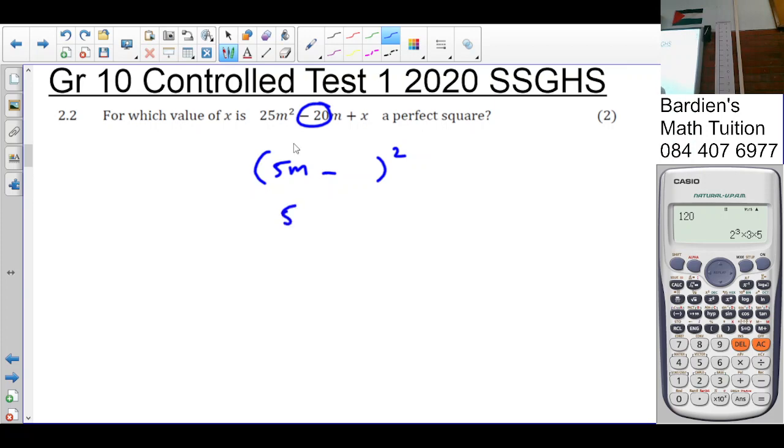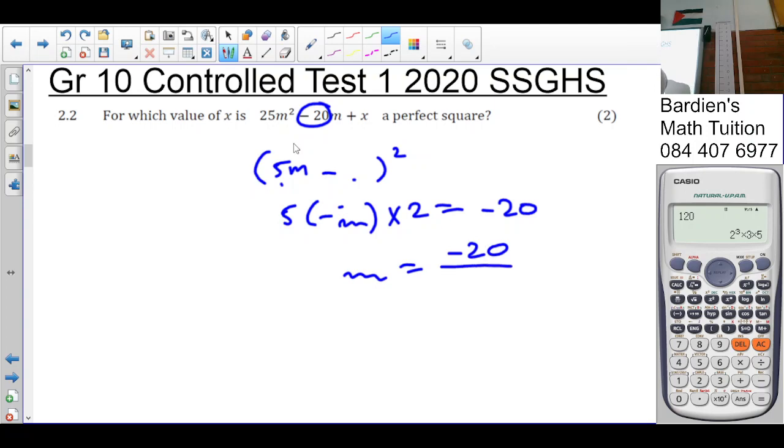I normally say 5 times this number, whichever the number is, times 2, then I get the middle term, in this case negative 20. So to get this on its own, I must divide negative 20 by negative 5 and by 2. That gives you negative 10, which gives you 2. So this missing link is 2. So what is the x value there? Therefore x has to be equal to?